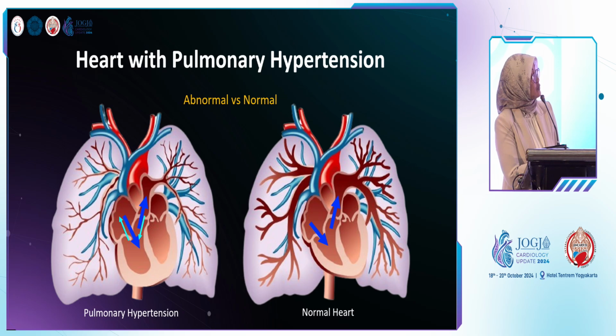This means there will be regurgitation of blood from the right ventricle to the pulmonary artery, which also increases the right ventricle pressure. Because of the increase in right ventricle pressure, it can also cause tricuspid valve regurgitation and raise the right atrial pressure. This situation can lead to congestion of the systemic venous system.